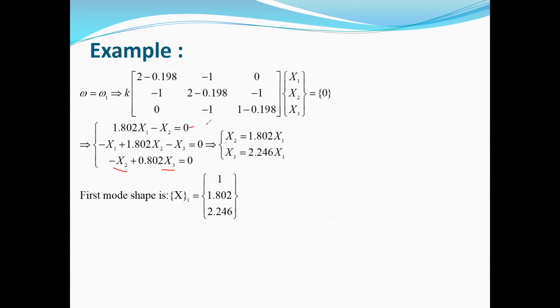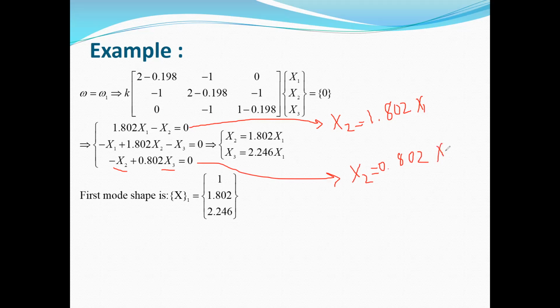I mean, if you obtain, for example, from this equation, you will see that x2 is equal to 1.802 multiplied by x1. And from the third equation, you can obtain that x2 is equal to 0.802 times x3.